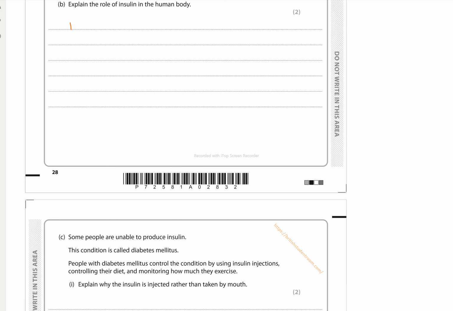The role of insulin is to turn glucose into glycogen and it is stored in the liver and muscle cells.